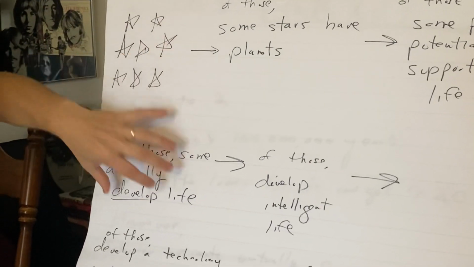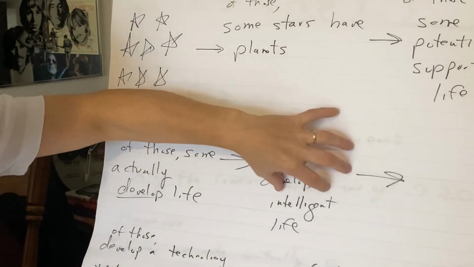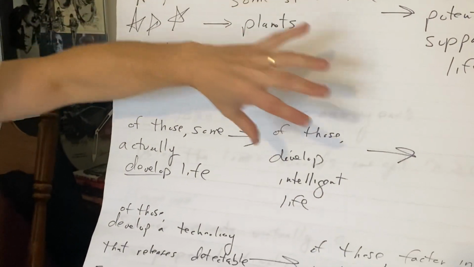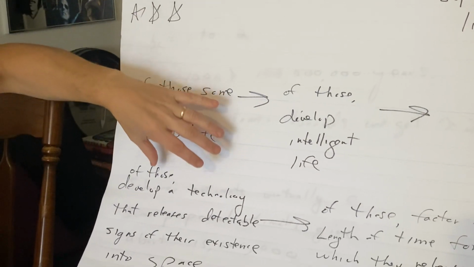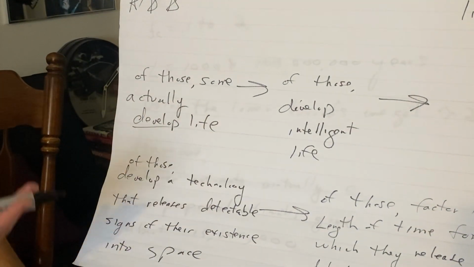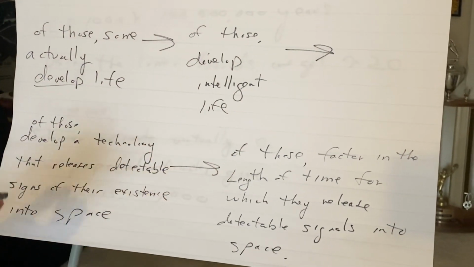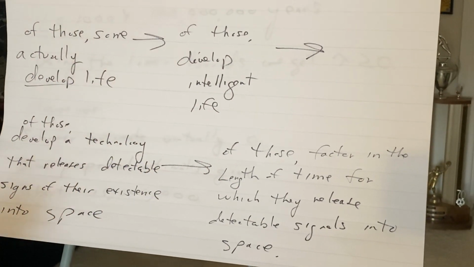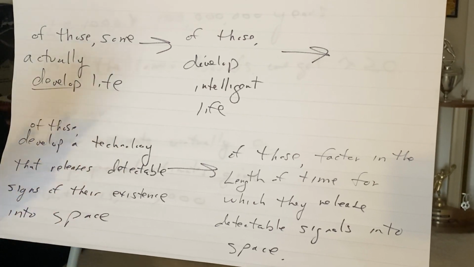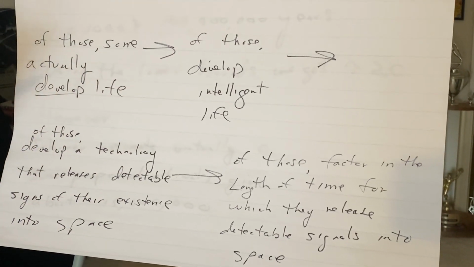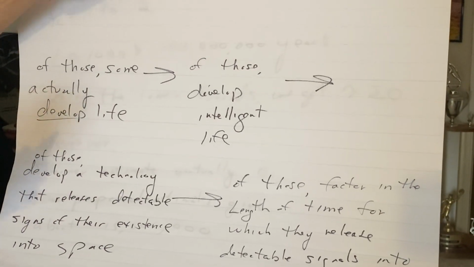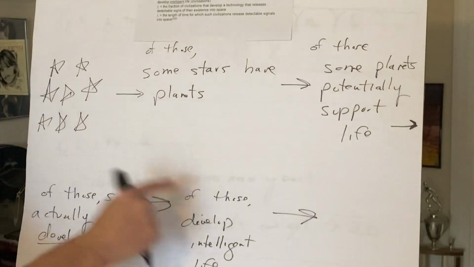Of the ones that develop life, some develop intelligent life. Of those that develop intelligent life, some release detectable signs of their existence into space. And then of those, we need to factor in a length of time for which those detectable signals are cast into space.